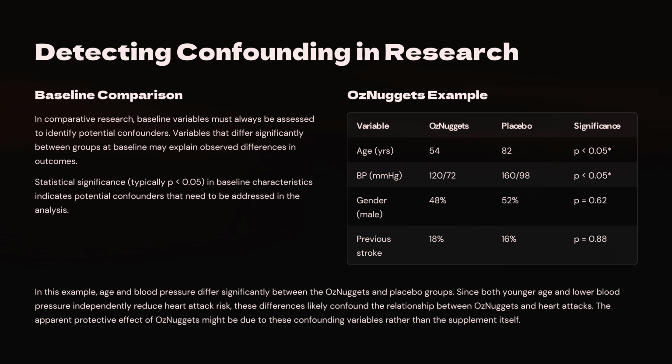Since both younger age and lower blood pressure, which are in the Oz nugget group, independently reduce heart attack risk, these differences likely confound that reported relationship that Oz nuggets reduce heart attacks. So we would either need to put that in a limitation section, but even more likely we'd have to control for that in the statistical analyses, and it would most likely wash out the effect, I would imagine. But this is a good example of how a baseline group difference actually drives what I would call a non-real relationship between an intervention and an outcome.